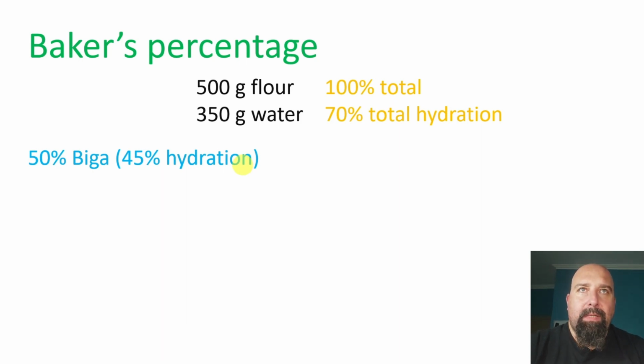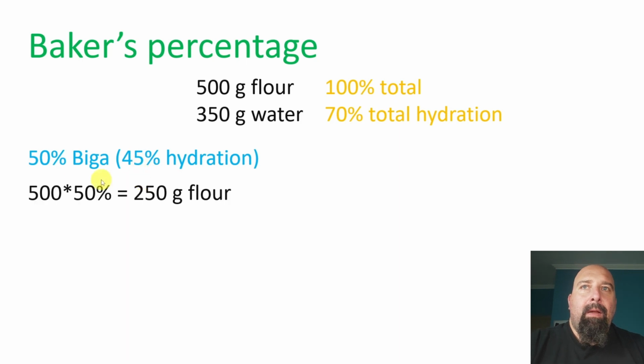Now don't get confused on this. When I'm saying 50% biga, I'm saying that I want to use half of the flour. So if I take the whole flour here, the 100%, these 500 grams of flour, and I multiply by 50%, I'm getting 250 of flour. At this moment, this is representing my 100% partial, okay?